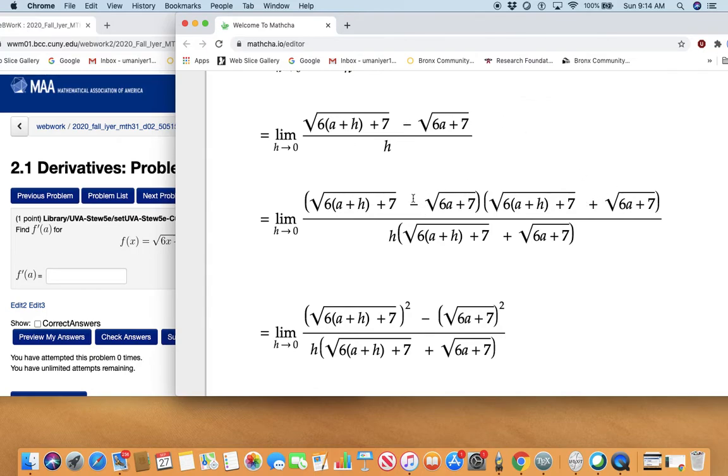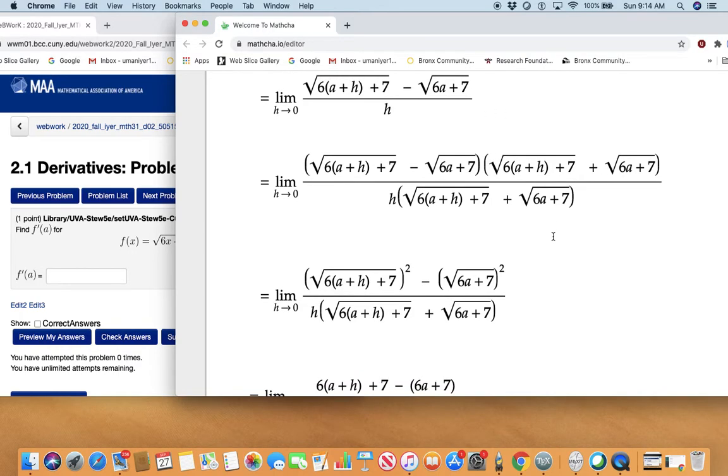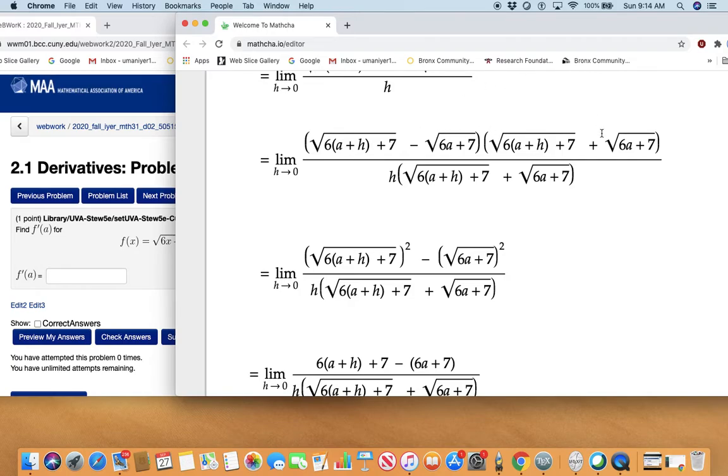You multiply by the conjugate of that factor, numerator and denominator. What's the purpose of conjugation? It will square each term in your first factor. Square minus square, that is the difference of squares formula: a minus b times a plus b is a squared minus b squared.